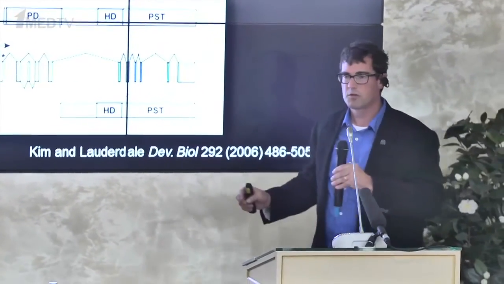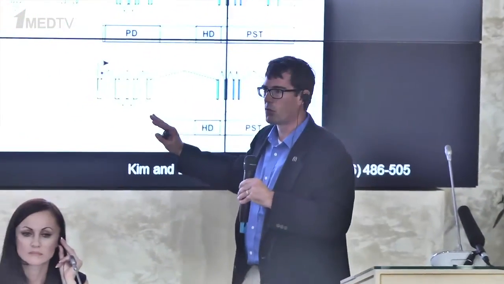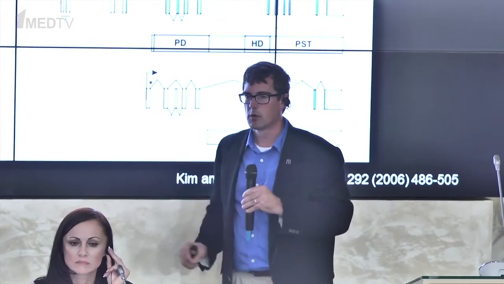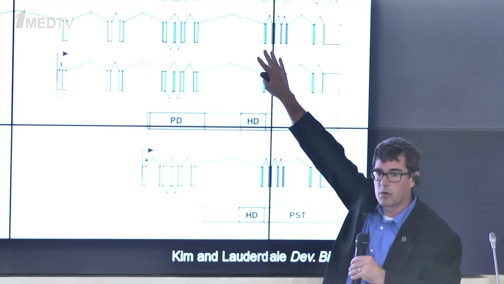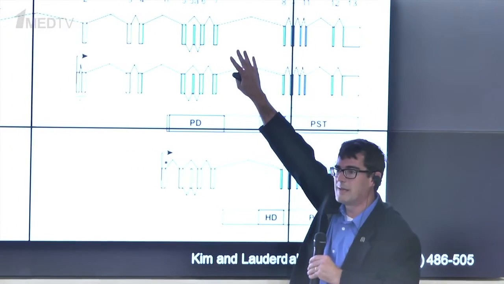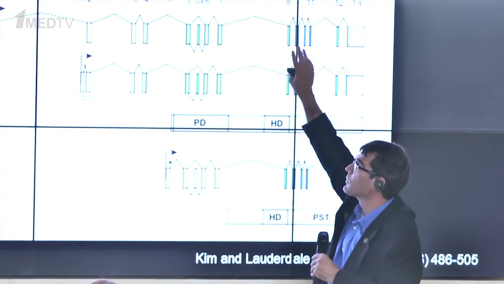The next slide is somewhat complicated, but it's also important to understand. So we think about PAX6 making one protein, but actually it makes 3 different types or forms of the protein. The top line, as we've seen before, represents the DNA in our cells.